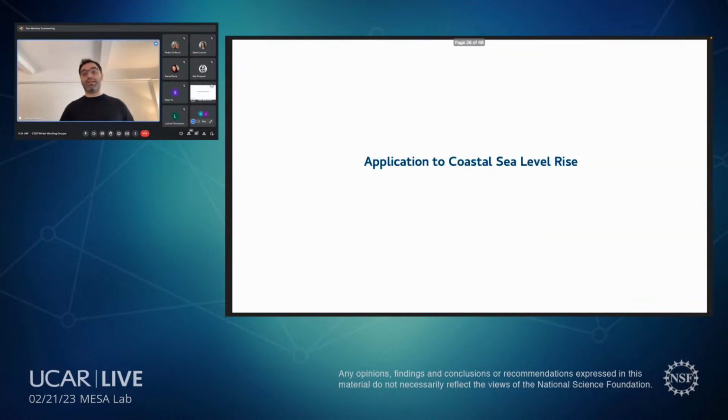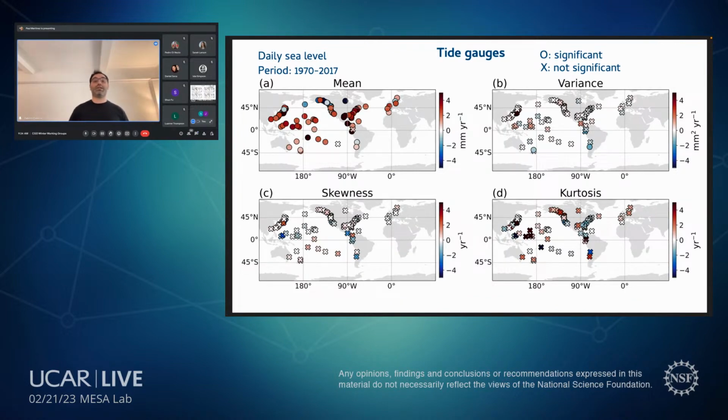So we're trying to apply this methodology to sea level rise as a first application. Here we focus on daily sea level, and on the period 1970 to 2017. These are tide gauge data downloaded from the Sea Level Center at the University of Hawaii. Whenever you see a dot, it means significant, and when you see an X, it means not significant.